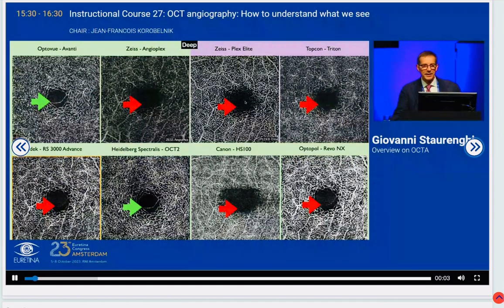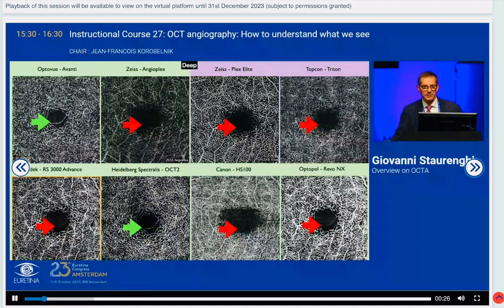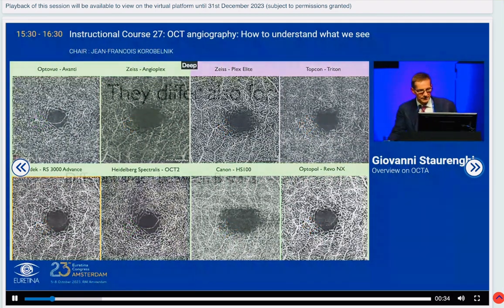So identifying superficial or deep can depend on the instrument that you use.